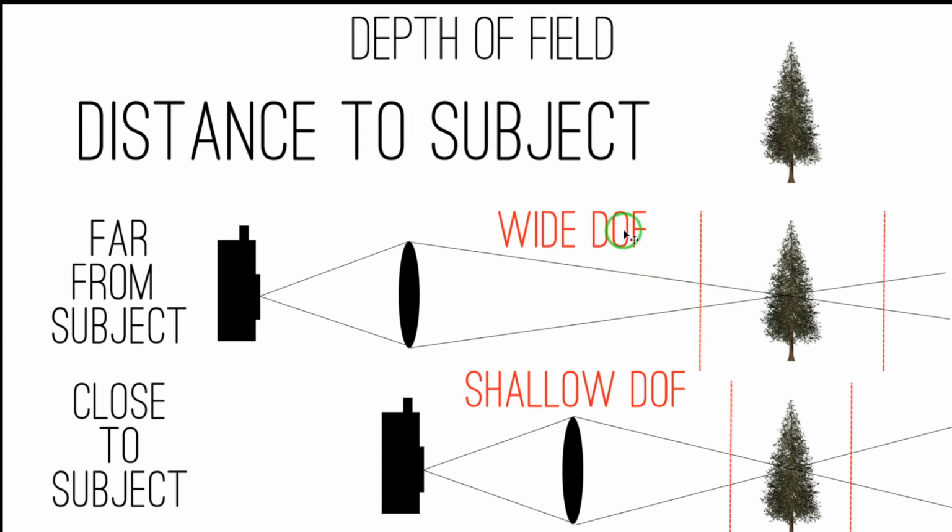So we're going to have a wide depth of field. As we move closer to the subject, with the camera and the lens the same distance, the light rays are spreading apart faster. So in this case, we're having a shallower depth of field. For a wide depth of field, you're going to move farther away from your subject. For a shallower depth of field, you're going to move closer to your subject.